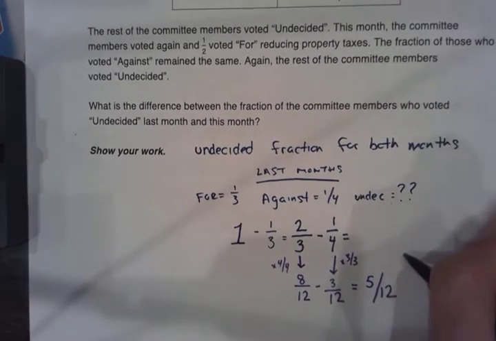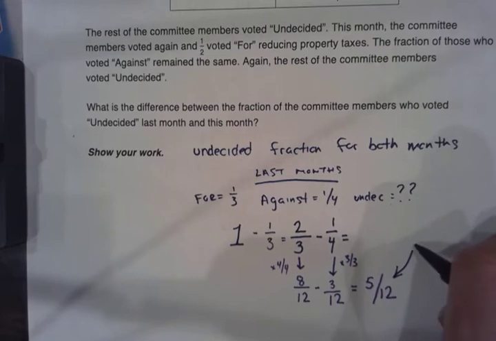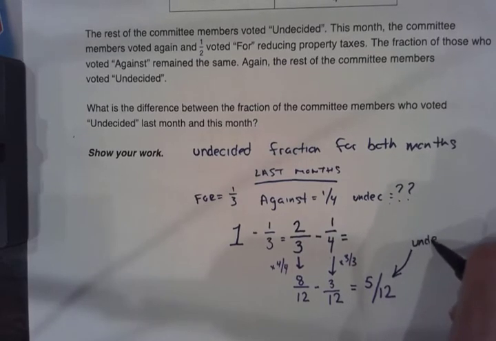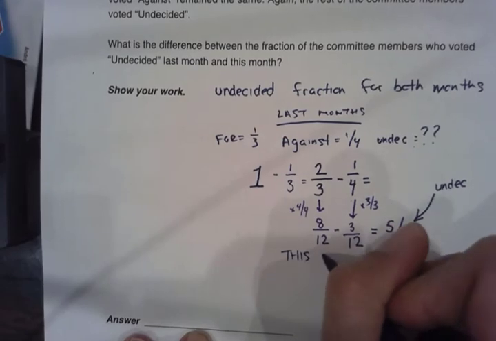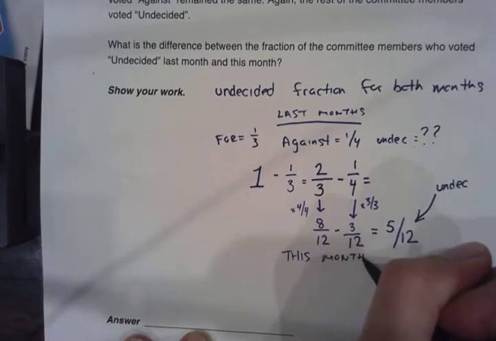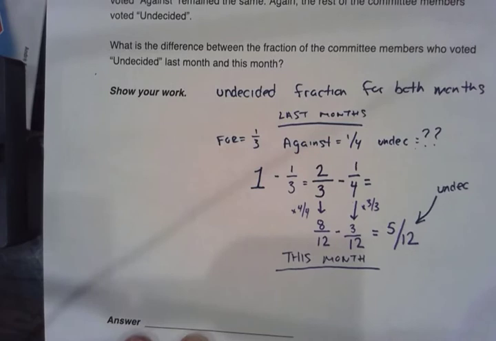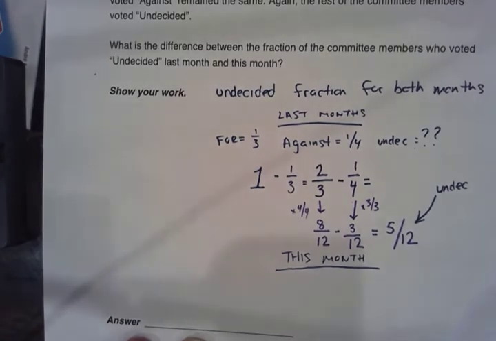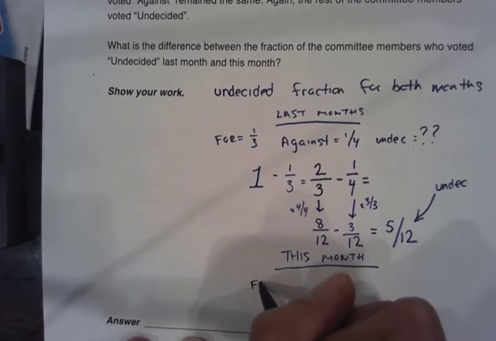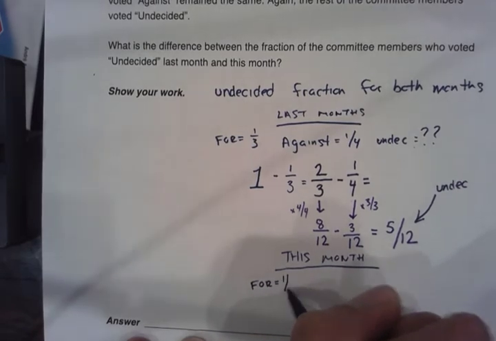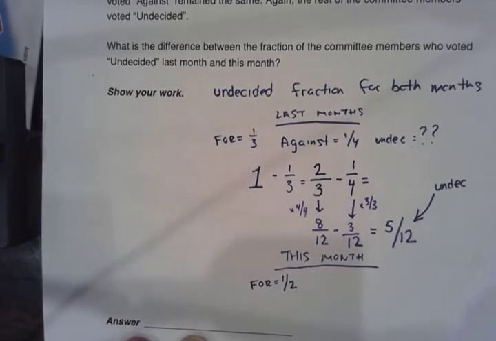Now we need to figure out undecided for this month. For this one, they tell us in our question that for this month, for equals 1/2.